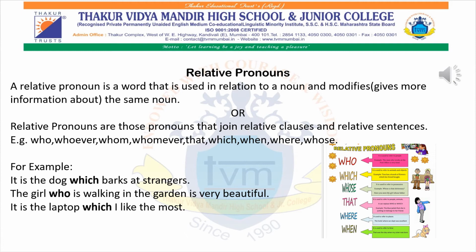If you want to join those two sentences together, we add which, and that makes a complete sentence: it is the dog which barks at the stranger. Therefore which over here is a relative pronoun. If we see this in the exam, then without any doubt you should be able to identify that this sentence has a relative pronoun.